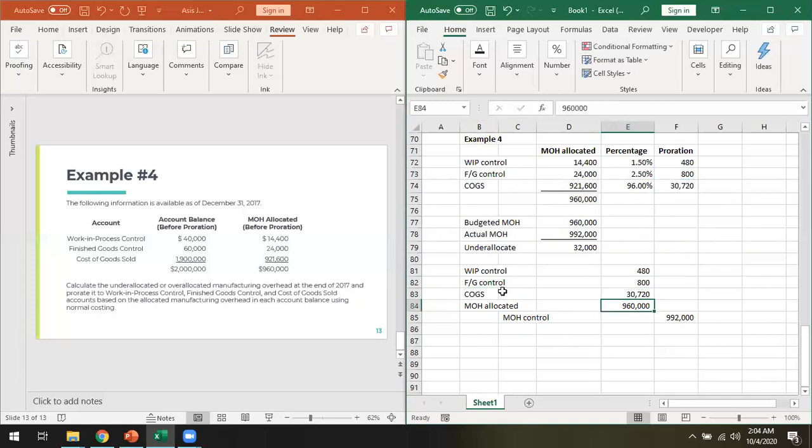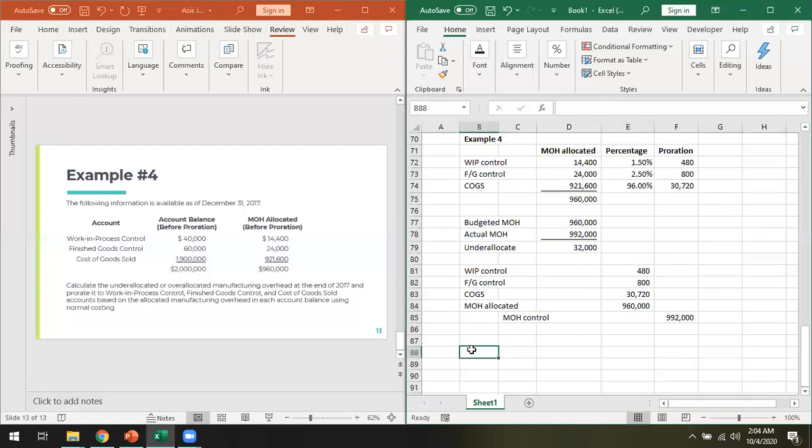The amount of each account will be higher than it was before because we have to prorate the under allocation of the manufacturing overhead cost. Before that, the manufacturing overhead allocated was lower than it should be, so the work in process inventory is understated. Therefore, we have to add additional manufacturing overhead because of the proration.